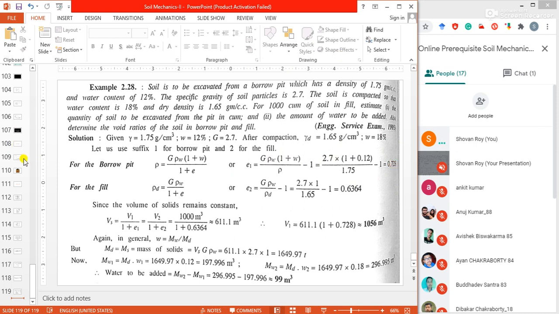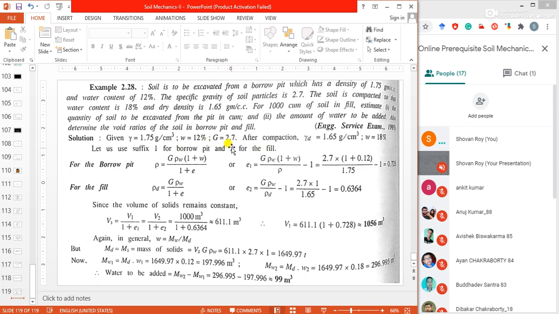Now for the fill, the question says the soil is compacted so the water content is 18%. For 1000 cubic meter of soil in fill, estimate. So 1000 cubic meter of soil is available to fill, and for the filling we are calculating the e value of the soil, e2, because suffix 1 is for the borrow pit and 2 is for the fill.